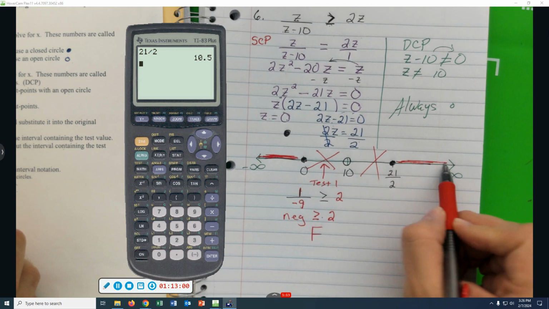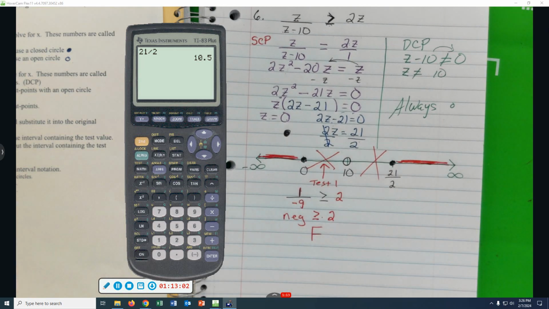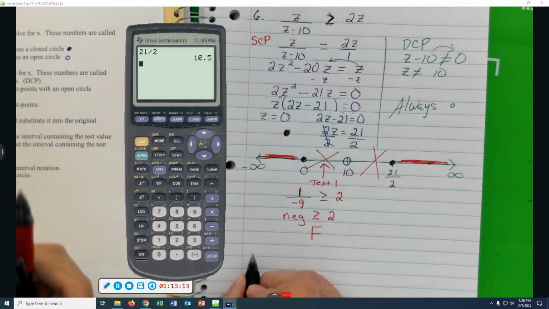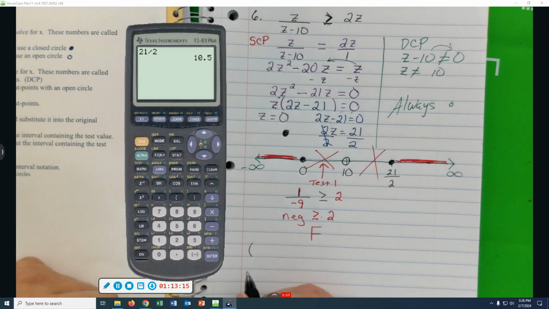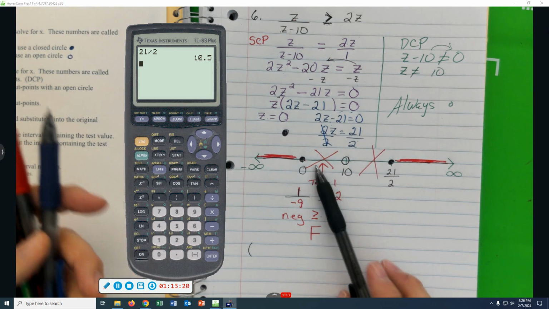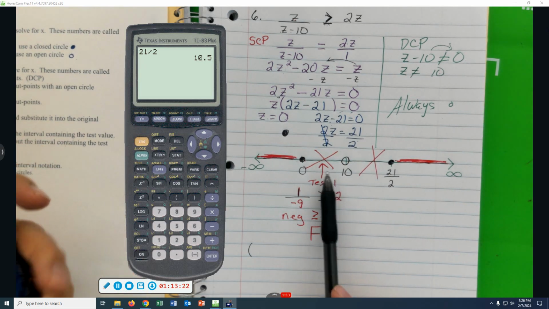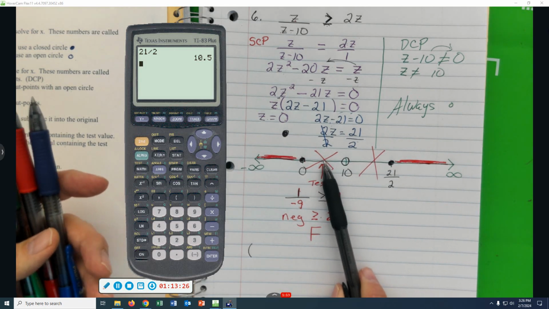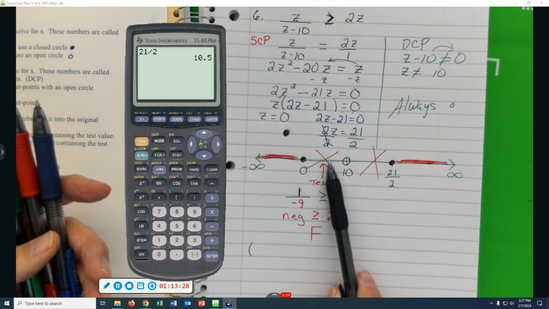This would be true. Only if when you're factoring with trial and error, if you wind up with the same thing in both sets of parentheses, where you need to test all the intervals. Okay, so, oh wait, I messed up. Look at that. What did I do wrong? Okay, so true, false.